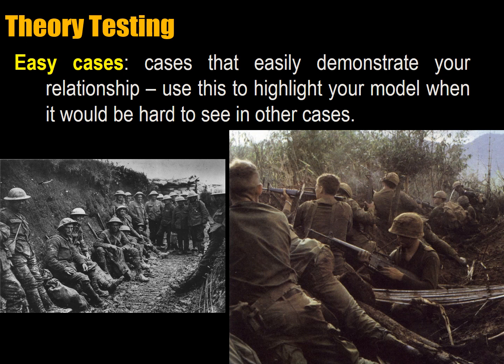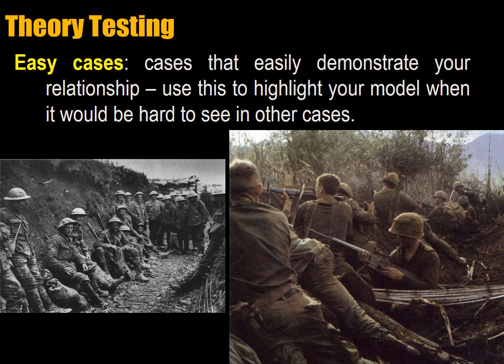So what's an easy case? These are cases that easily demonstrate your relationship. We would want to use an easy case to highlight a model when it's hard to see the precise relationships. For example, if we wanted to get a close-up view of the impact of an economic depression on creating radical political outcomes, we could focus on Germany in the 1930s.